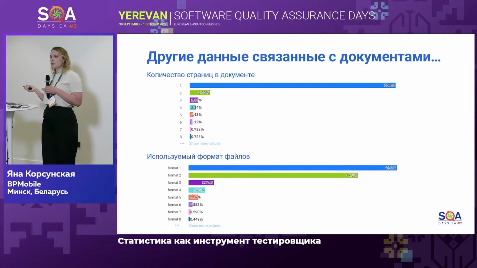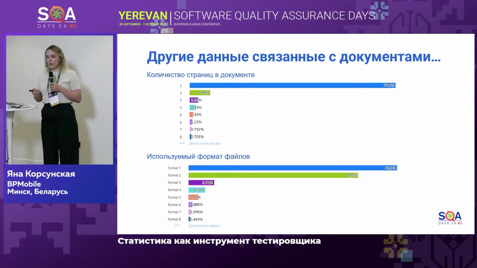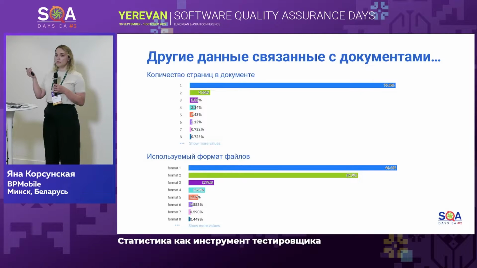At the same time, we shouldn't forget that even in this case, we have 23% of users that have more pages. And if we talk about the stability of operations on the app, we need to consider this testing, including among other things the following.